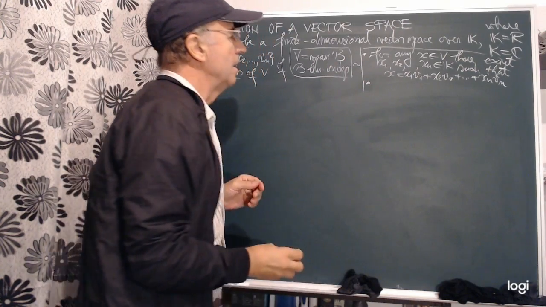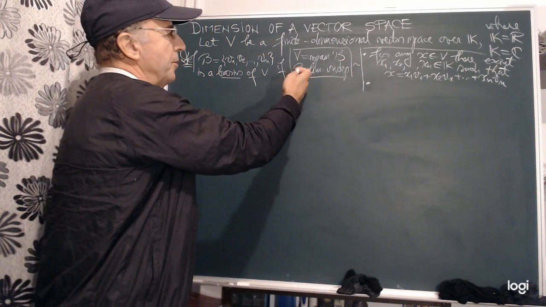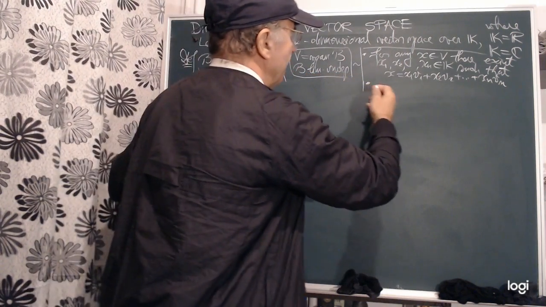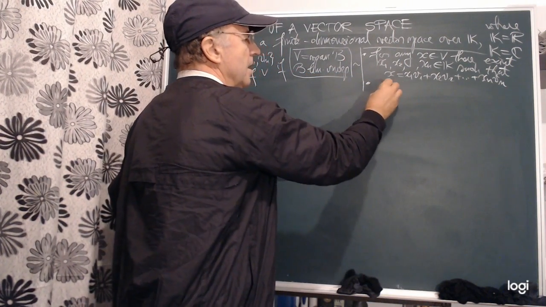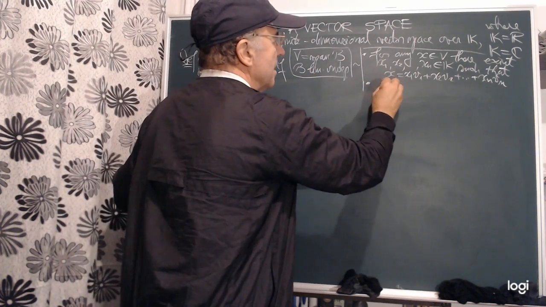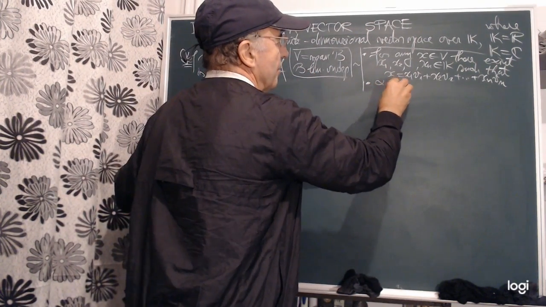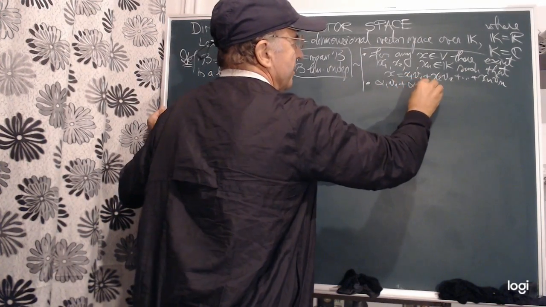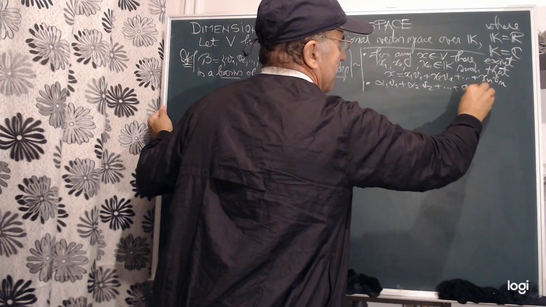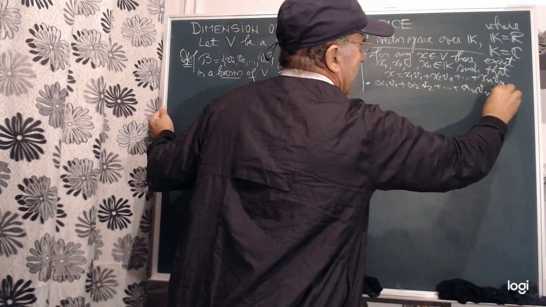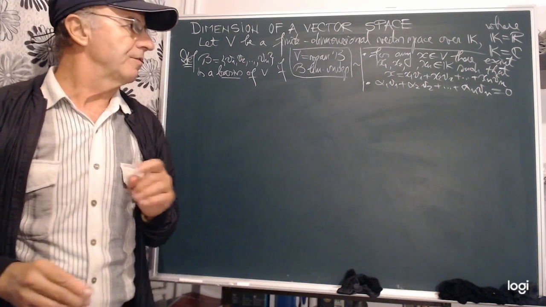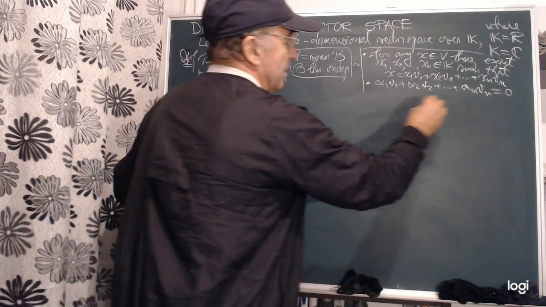And B is a linearly independent system of vectors, so a linear combination of these vectors, alpha 1 v1 plus alpha 2 v2 plus so on plus alpha n vn, can be zero only in the case when all the coefficients are zero.